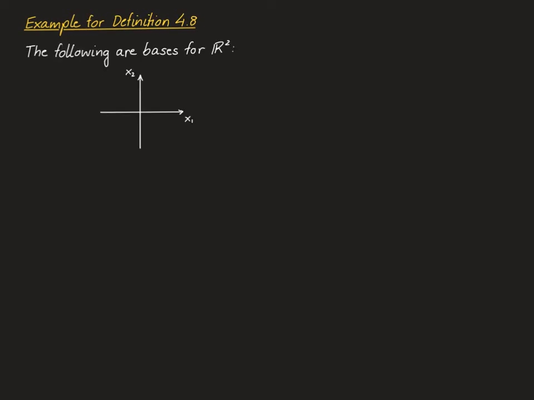The following sets of vectors are bases for R2. The most well-known basis certainly consists of the two vectors shown in blue here, where b1 points in the direction of x1 and b2 points in the direction of x2, and that basis is known as the Euclidean basis.